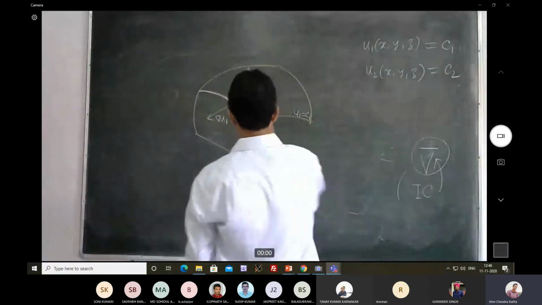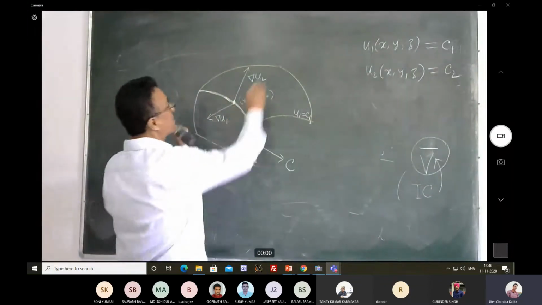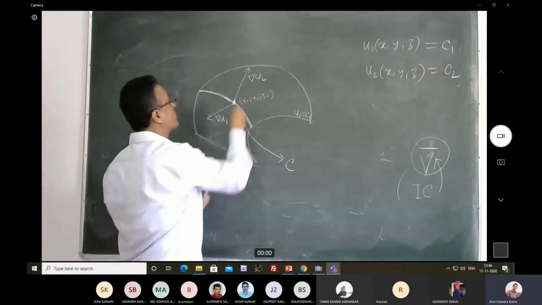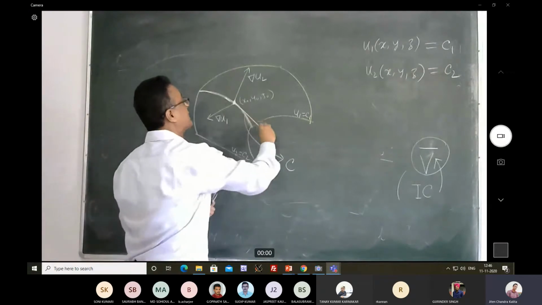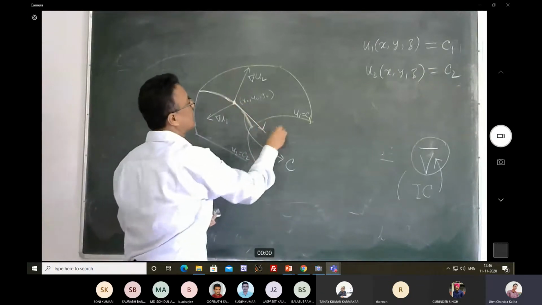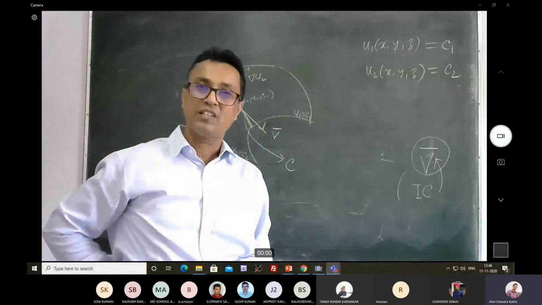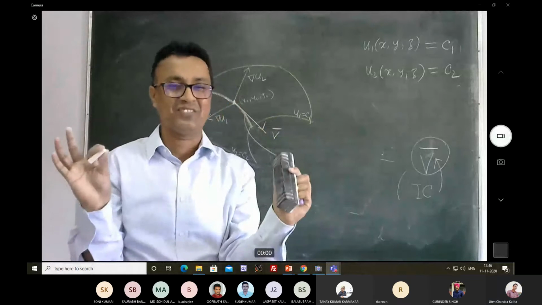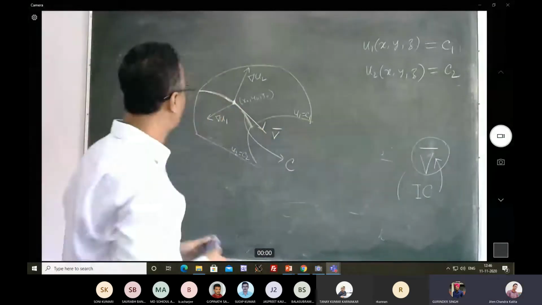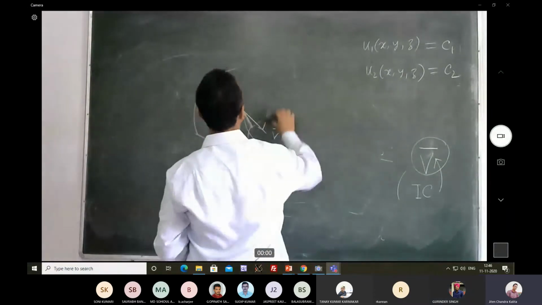So if I consider this point x0, y0, z0, and now bring in the surfaces u1 equal to C1 and u2 equal to C2 also, then at that point, to the curve C, your V must be a tangent, right? Clear? I don't see the confidence. Okay, fine.